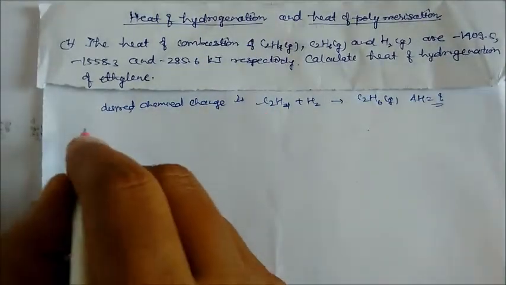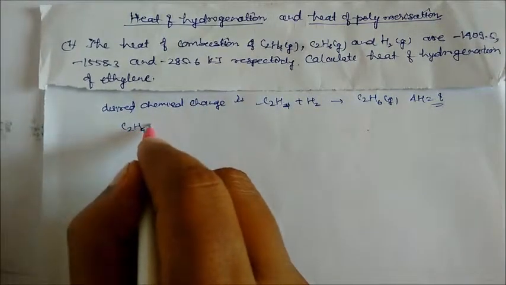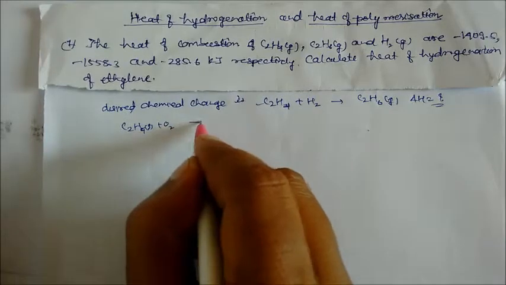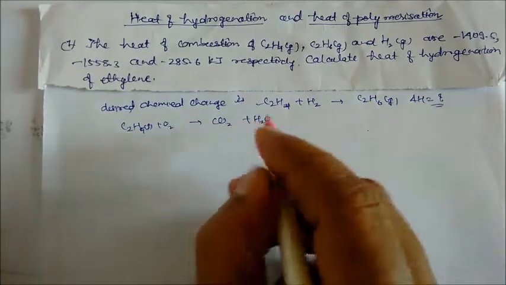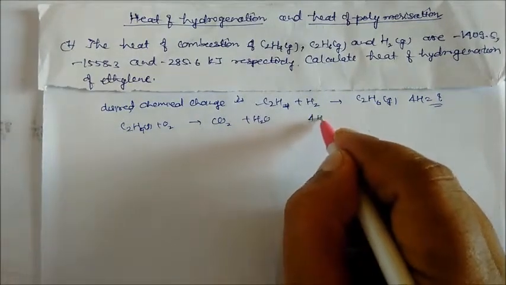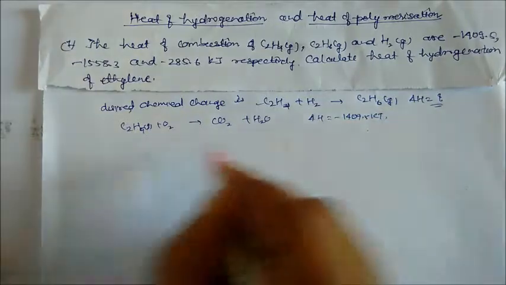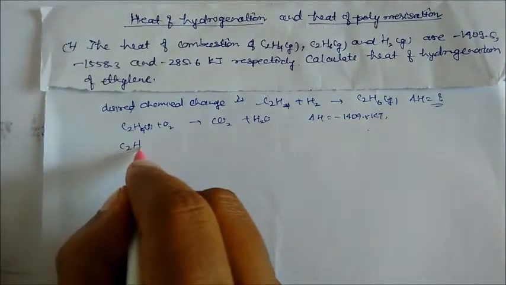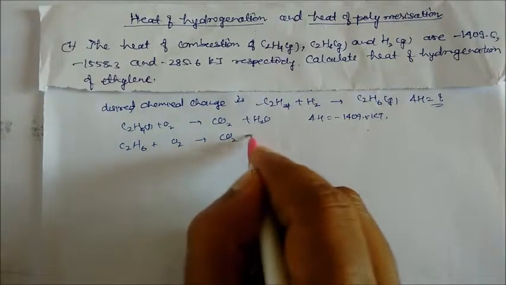Okay, so now we have three reactions. One is C2H4 in gaseous state undergoing oxidation. It will give you CO2 plus water, all in gaseous states, and for this the enthalpy change is minus 1409.5 kilojoule per mole. Similarly, if you go for ethane gas, in the presence of oxygen it will give you CO2 plus water.